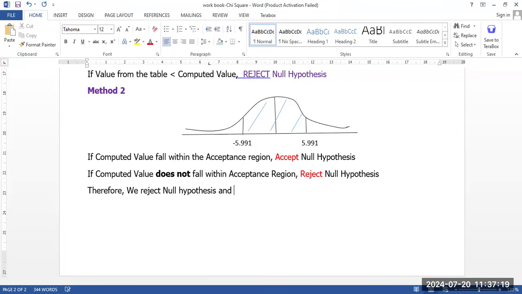If you reject the null hypothesis, it means that you are accepting what? You accept the alternative hypothesis.